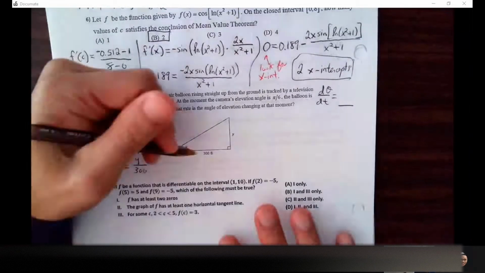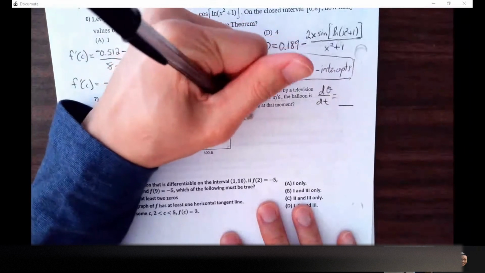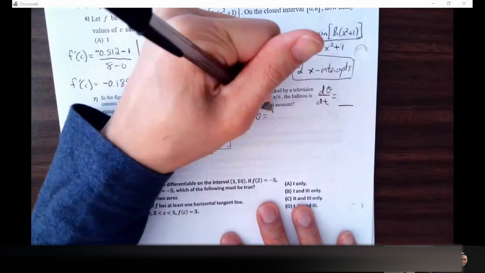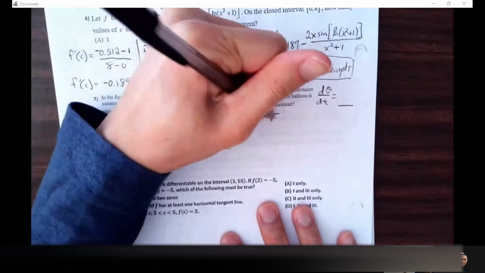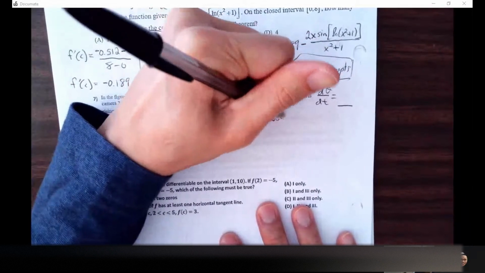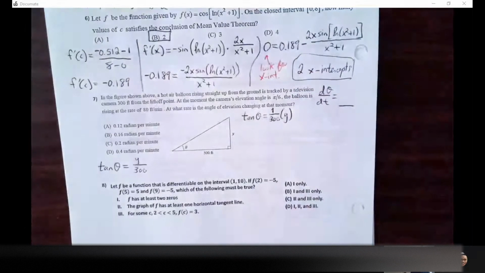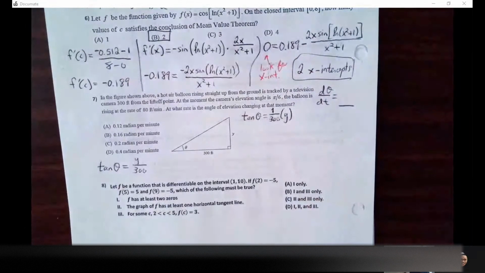We're going to have to find the derivative here. So I'm going to rewrite this: tangent theta is the same thing as 1 over 300 times y. Just makes it easier for me to do the power rule there. So let's go ahead and find the derivative. We know tangent of theta becomes secant squared theta d theta dt.